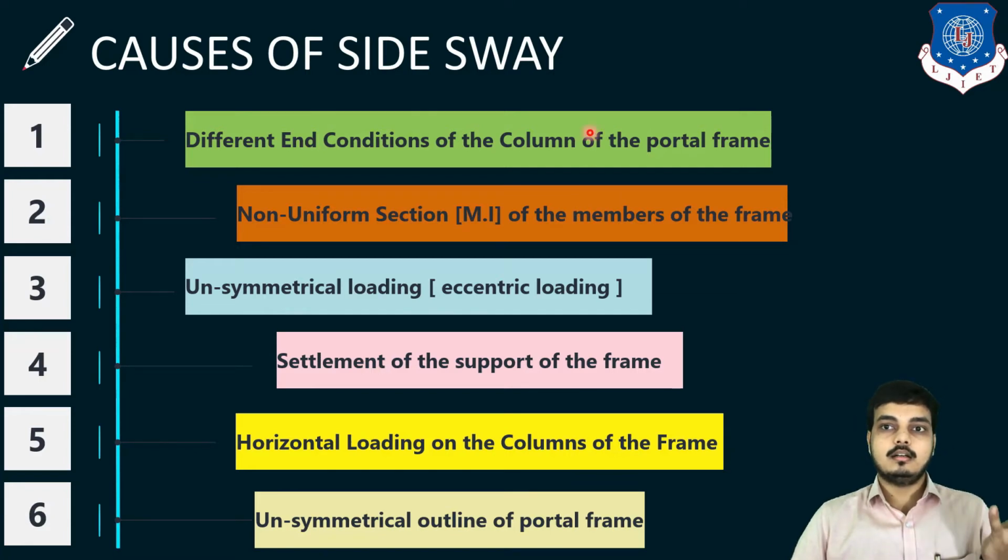It may also happen that two or more points occur, like non-uniform MI and different end condition, and by those two points we can conclude that sway will occur. It is not necessary to have all six points or only a single point. It can be a single point, two points, three points, whatever. By all these points we can determine whether sway will occur on the frame or not.